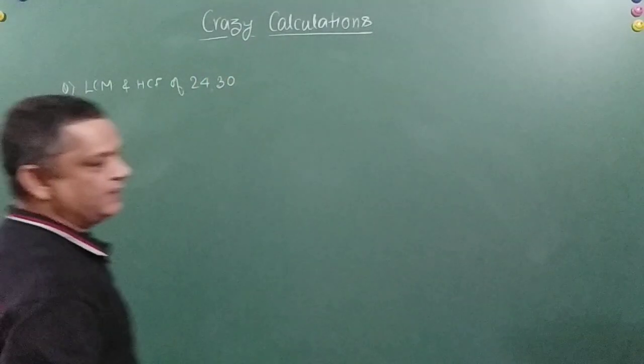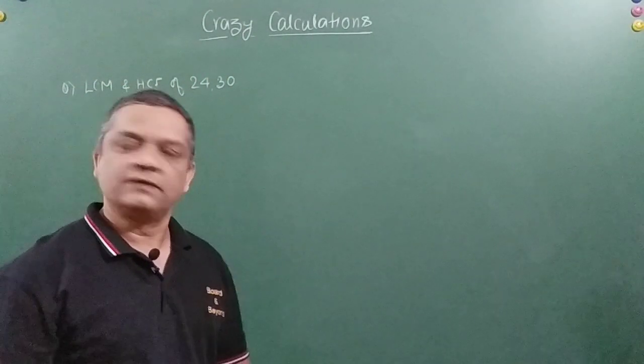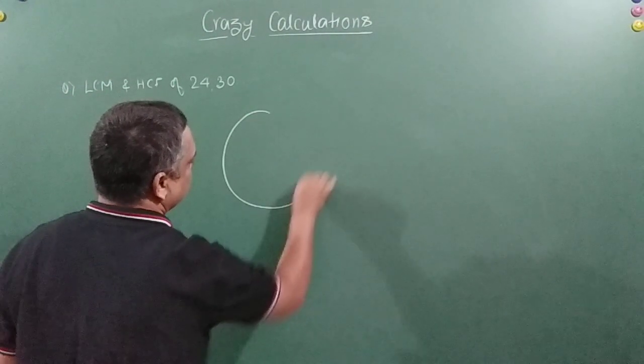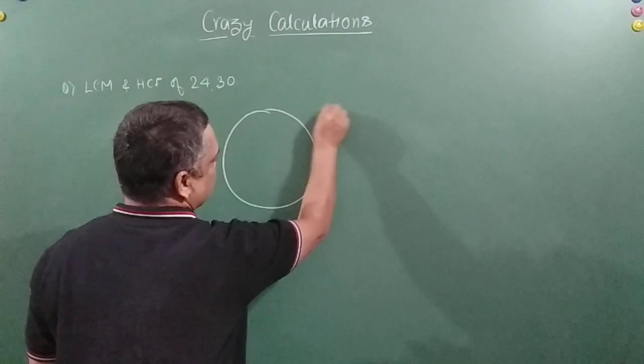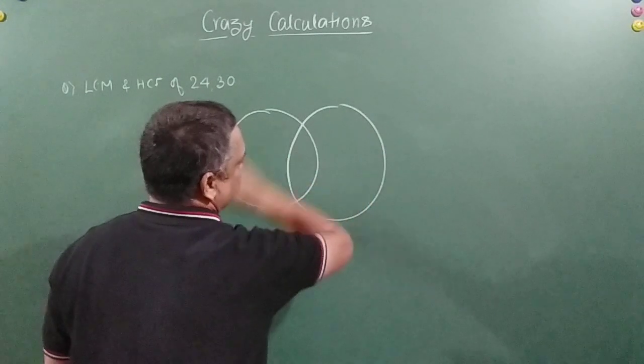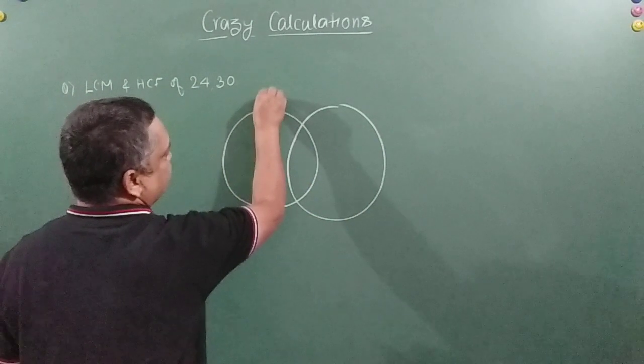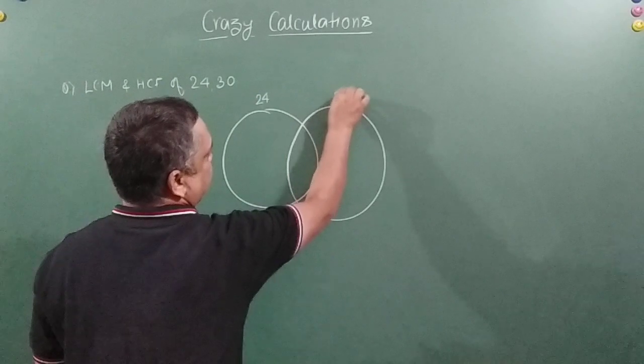What we do is we make two circles intersecting each other like this. On the top we write 24 and here we write 30.